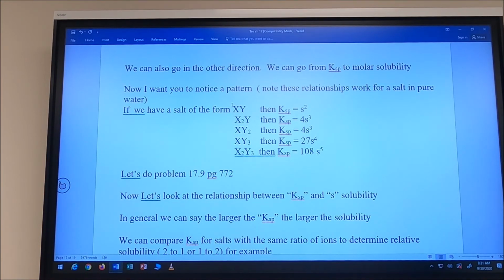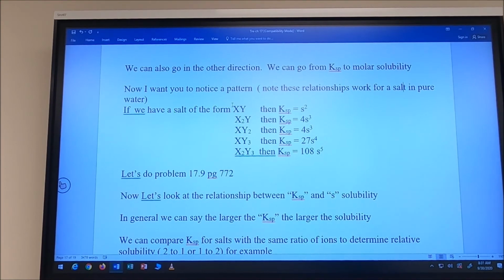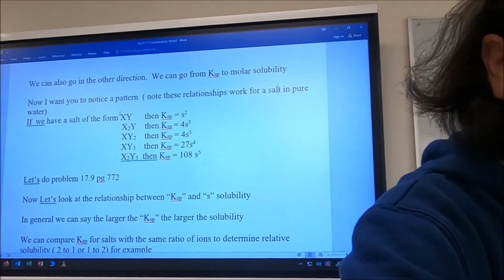I'm going to look at problem 17.8. It's on page 771 in your textbook. And then we'll look at 17.9. Well, no, 17.8 is what I think we want to look at. Okay? Now, let's slide over here.